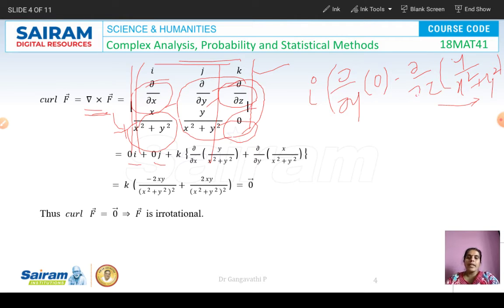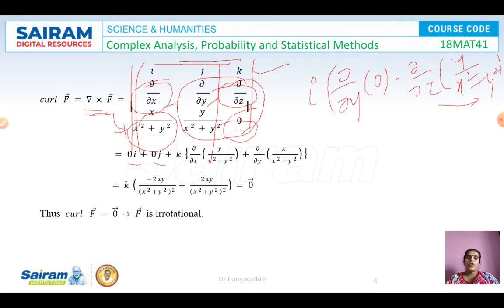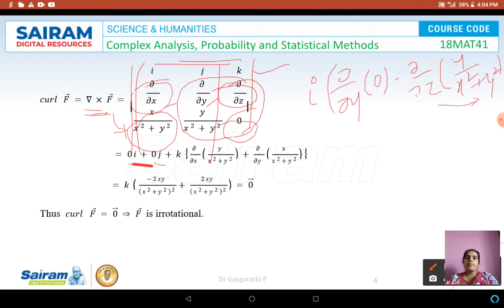So we have ∂/∂x of y/(x²+y²) minus ∂/∂y of x/(x²+y²). When we solve this determinant, the first two terms are 0.